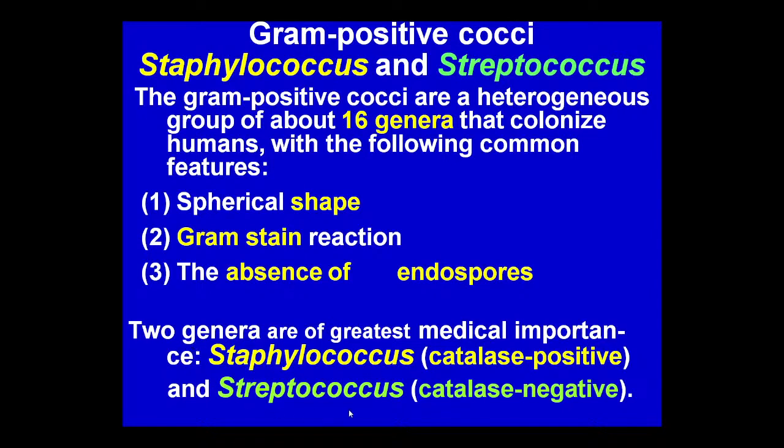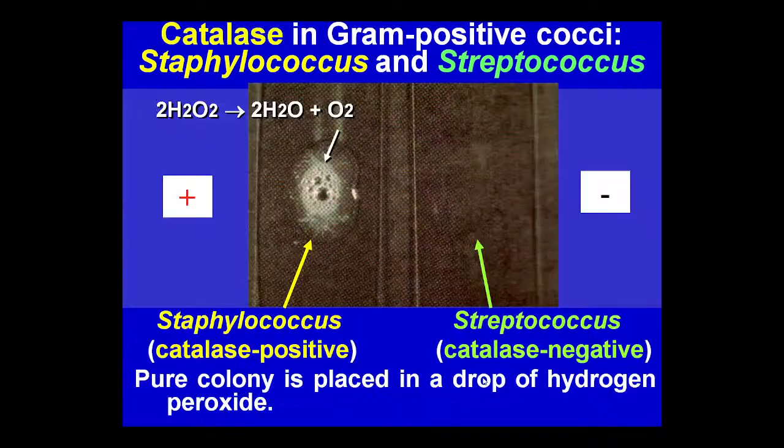In this, except for arrangement under the microscope in a smear, we may base our presumptive differentiation on the ability to produce the enzyme catalase. And you can see that Staphylococcus is catalase positive and Streptococcus is catalase negative.